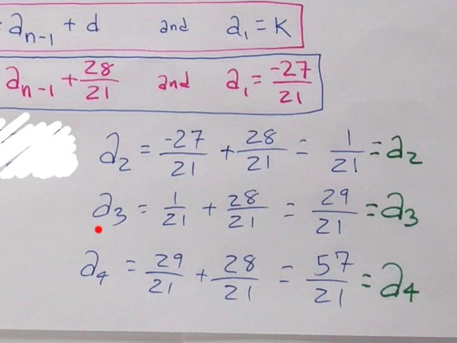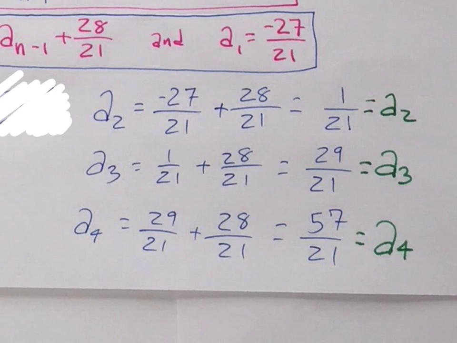The third term is the second term, 1 over 21, plus the difference, 28 over 21, giving us 29 over 21. And the fourth term is 29 over 21, the third value, plus the difference, giving us 57 over 21.